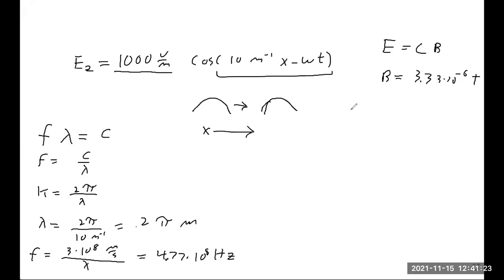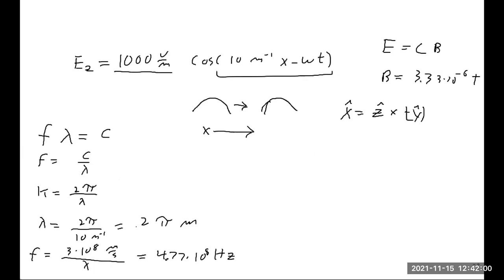So x equals our electric field direction, which is z, crossed with our magnetic field direction. z cross y gives minus x, so we need minus y.